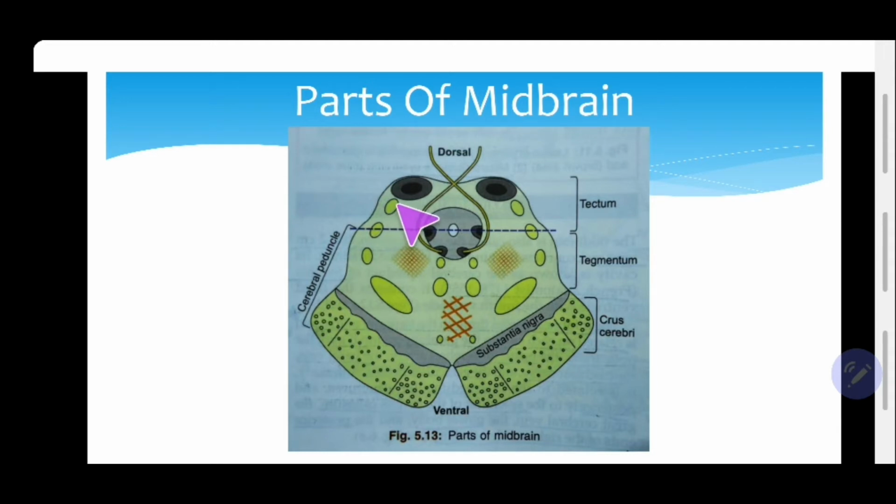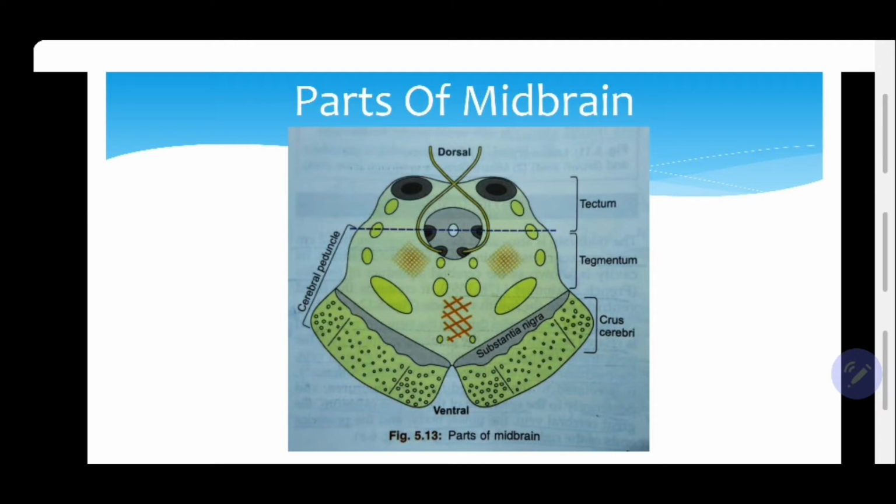The reason is the fibers from here will reach the inferior colliculus. From the inferior brachium they will move out to the MGB, medial geniculate body. So this lemniscus you will not find in the upper section of the midbrain. So lateral lemniscus you find only in the section through the inferior colliculus.